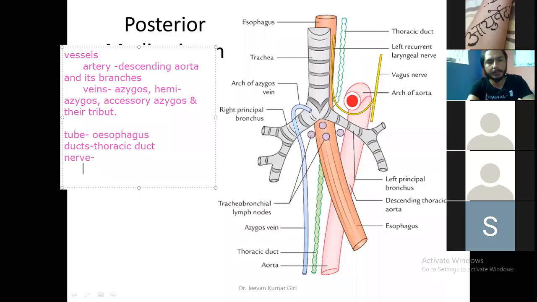So the right and left vagus. Just I will write: right and left vagus. Phrenic nerve also the same, right and left phrenic nerve. And the next major nerve you will see is the greater and lesser splanchnic nerve.